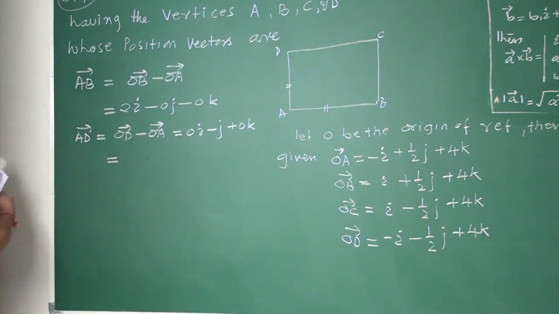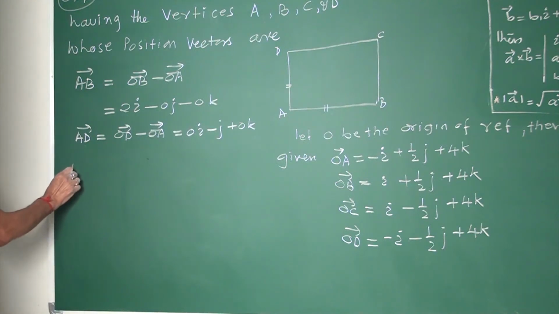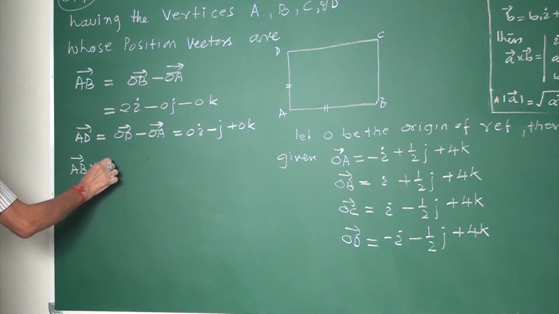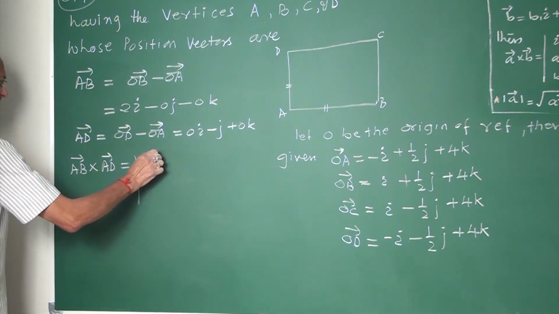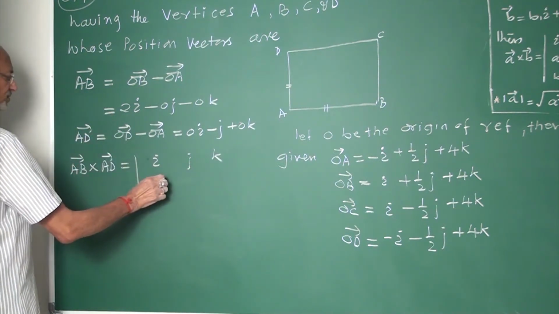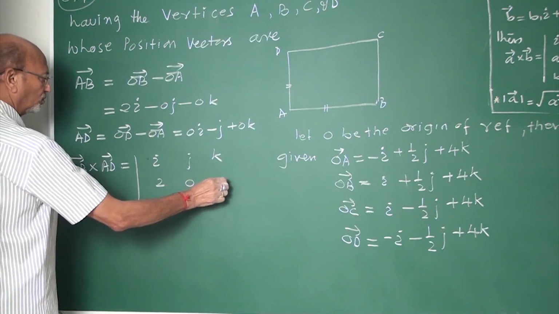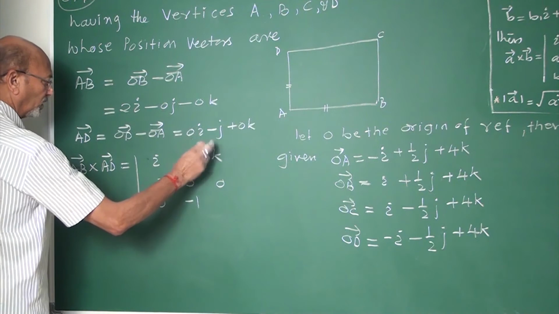Then you have to find the cross product, AB cross AD. This is the determinant i, j, k; 2, 0, 0; 0, minus 1, 0.